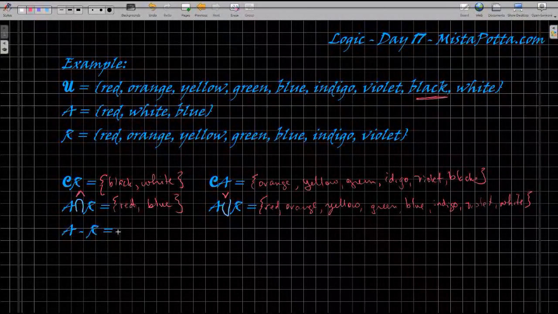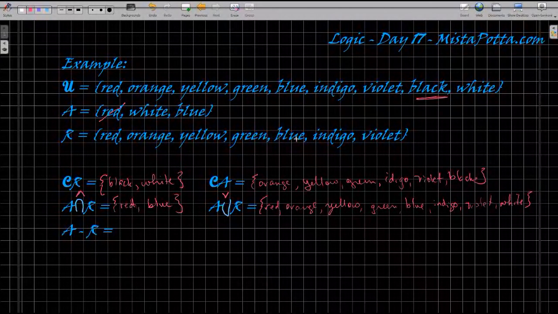And the last example I want to do is set subtraction. That's everything that's in my first set that doesn't show up in my second set. So, red's in my second set, so I have to strike it from the first set. Orange, not a problem. Yellow's not a problem.